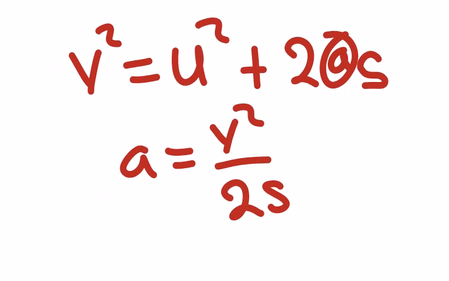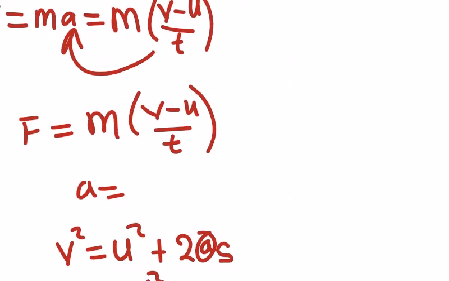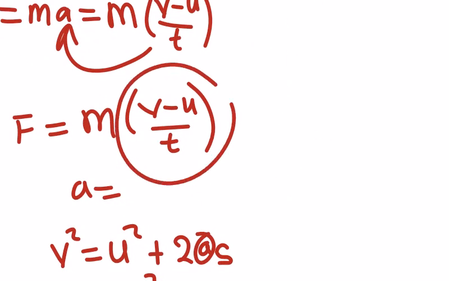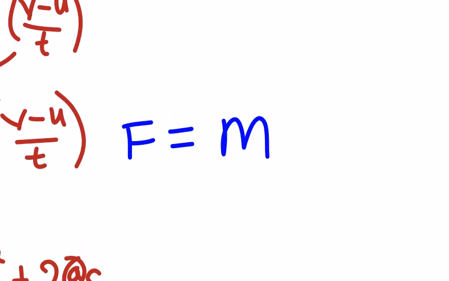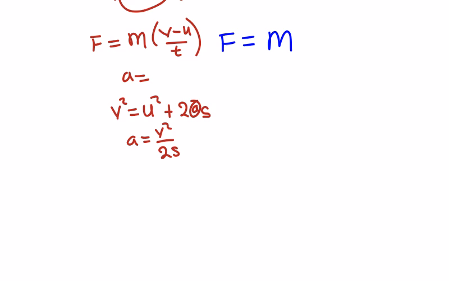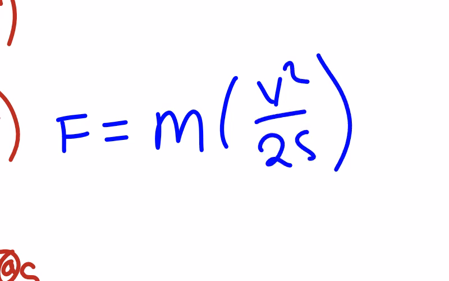So this is a, and now I can substitute the value of a here. F is now equal to m, then instead of v minus u over t, I have open bracket v squared all over 2s.